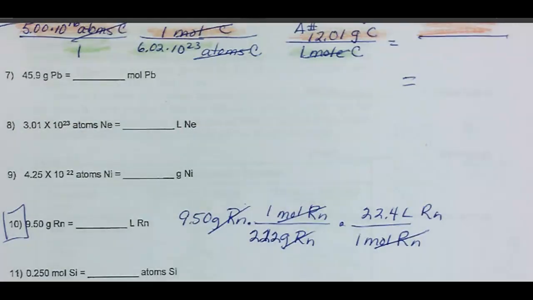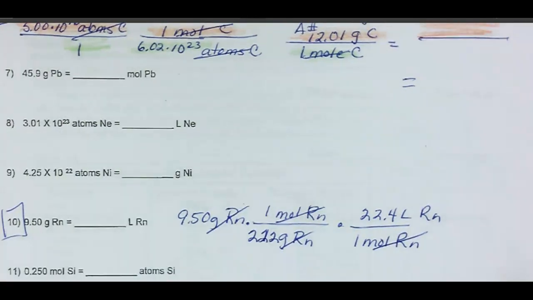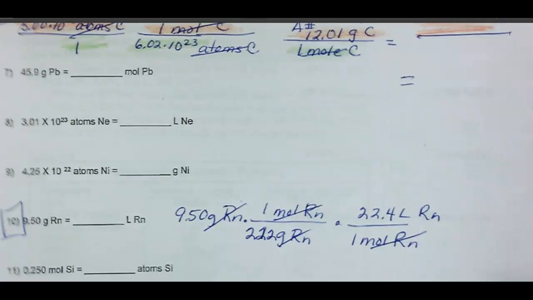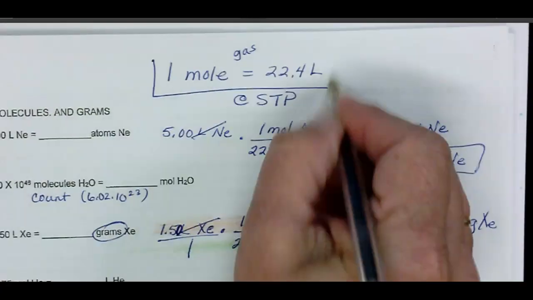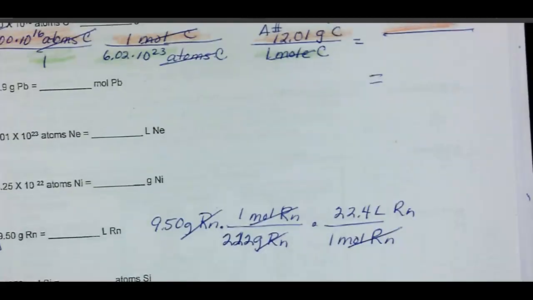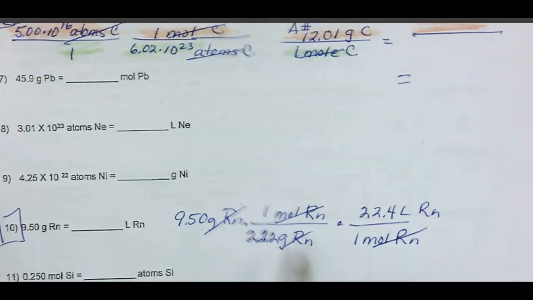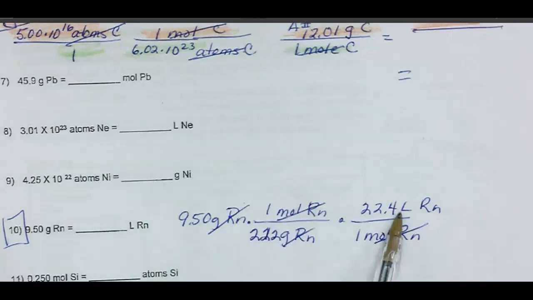I'll help you out a little bit with number 10. You're starting with grams. I've got to go to liters. And guys, if you look up above at your conversion factor, it is moles to liters. That means I've got to get it to moles. So we're going to take our grams and go to moles, and then we can go from moles to liters using our conversion factor up above.